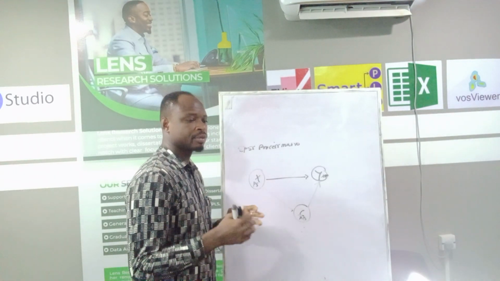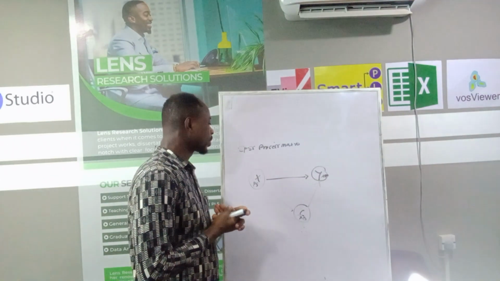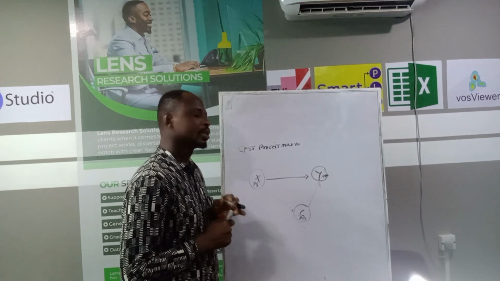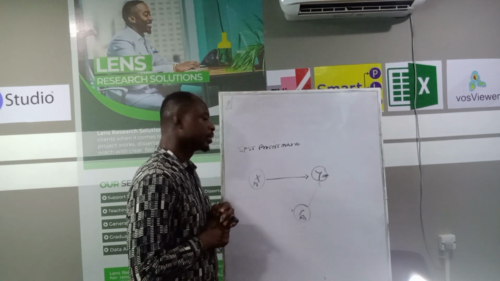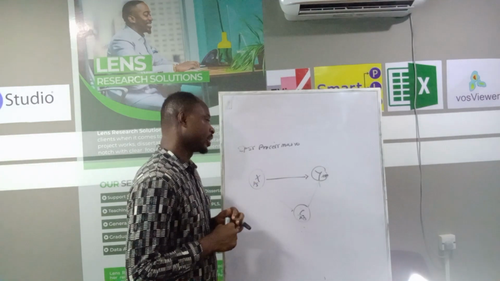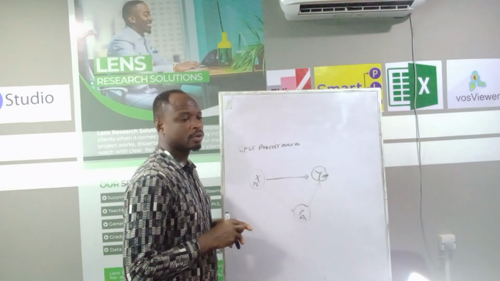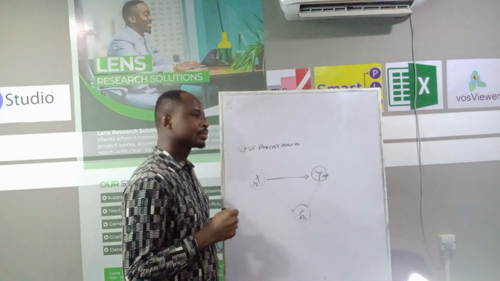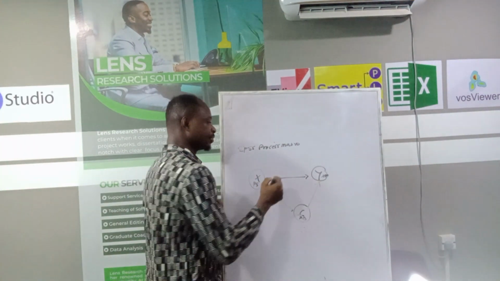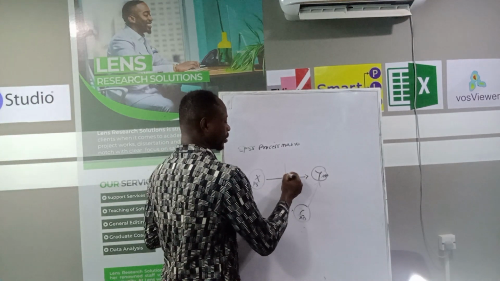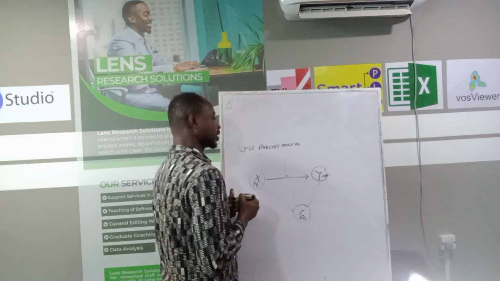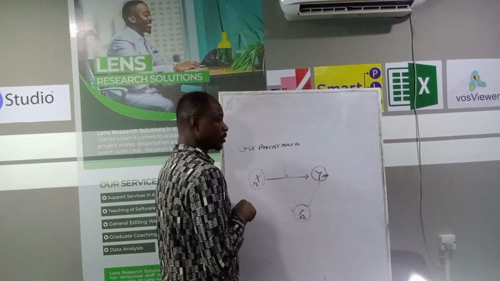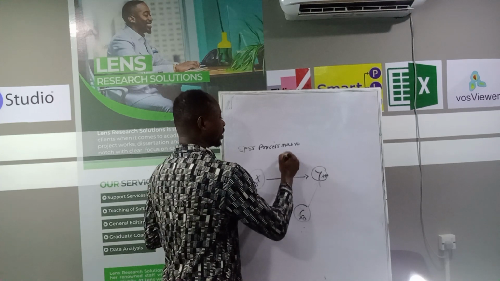The moderator comes or intervenes in the relationship between the predictor and the dependent variable. Therefore, conceptually, moderators affect the predictive relationship. So we can put our moderator on this arrow. They affect the predictive relationship. So maybe our moderator is N.